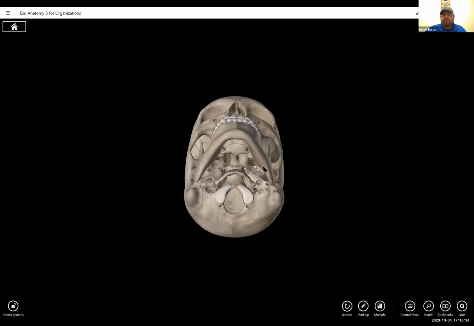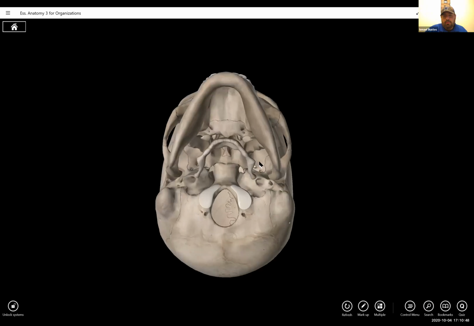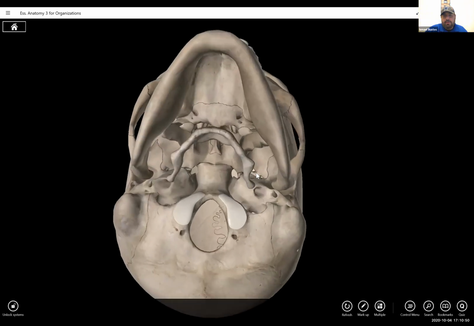If you see the forehead too much like that, or the frontal bone, that means that you're not extended enough. If you see your condyles, which is this structure there, I'll zoom in. That looks much better.